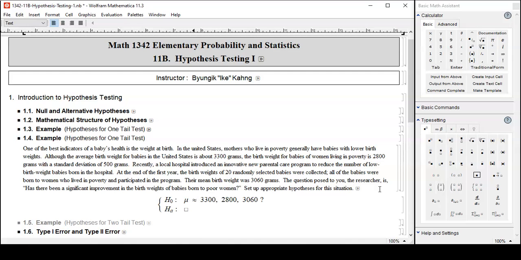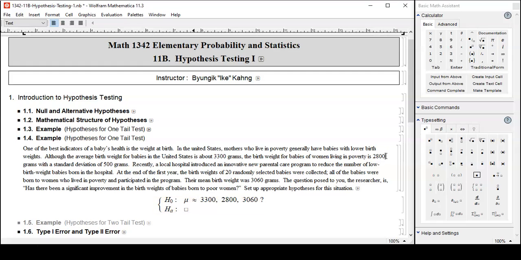I mean, helping babies, oh, that's great, but we have only limited resources, so we have to focus upon the babies coming out of poor families. That is our focus of attention, and that population mean is the one that we are interested in here. And that value is not 3,300, it's 2,800. This one. Does it make sense?